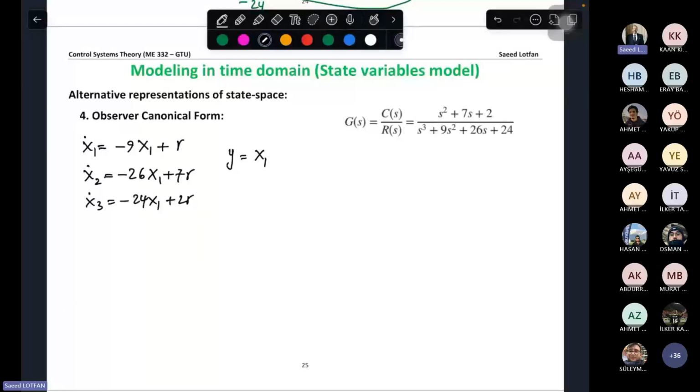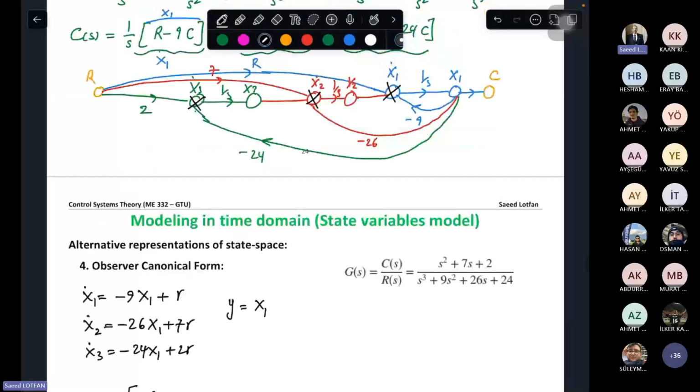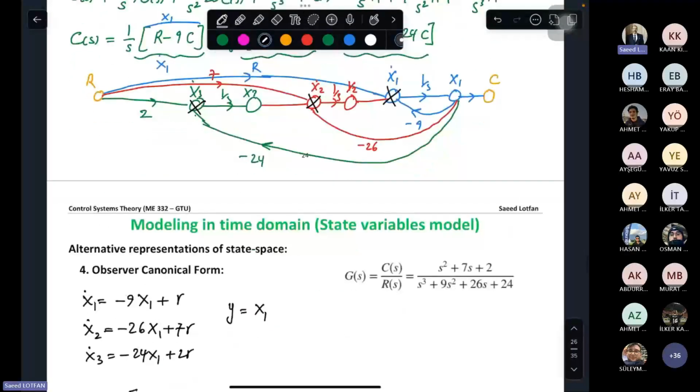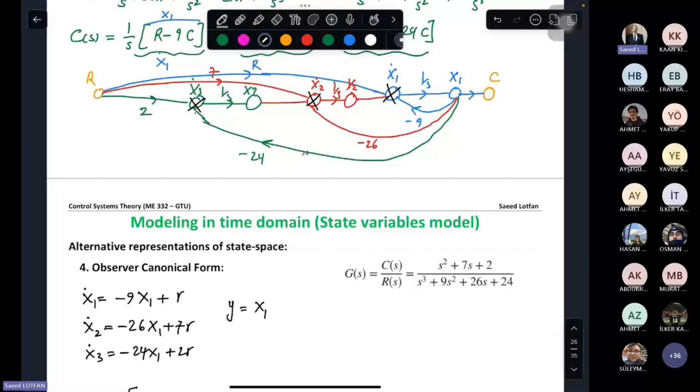We get the matrix in this form. x dot is equal to minus 9, in x dot 1 we have also these ones, I forgot x2, and here we have this 1 from x3.